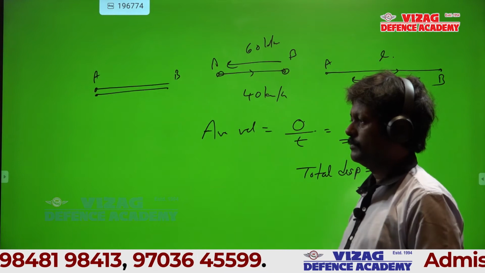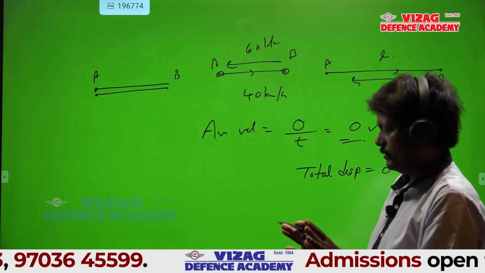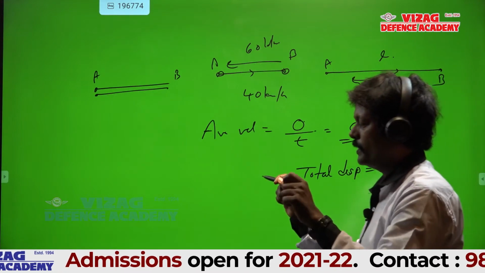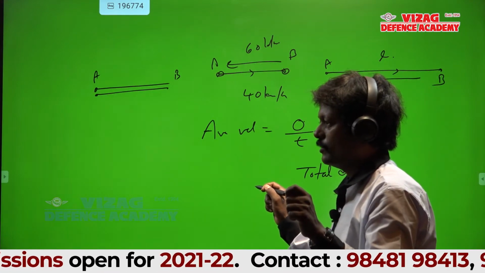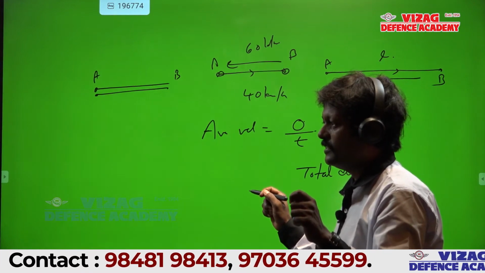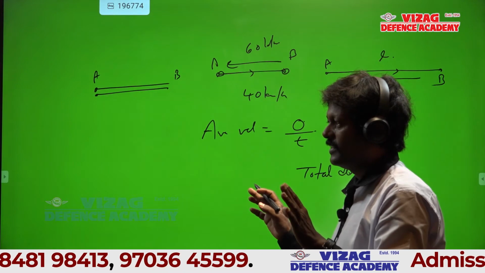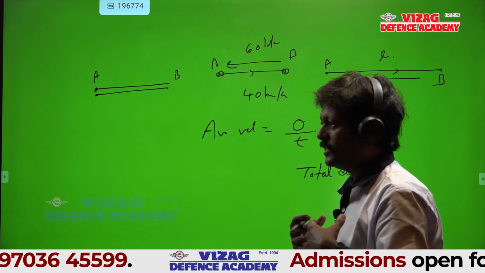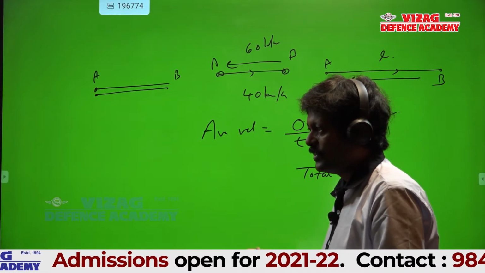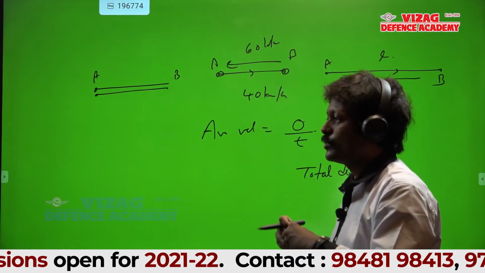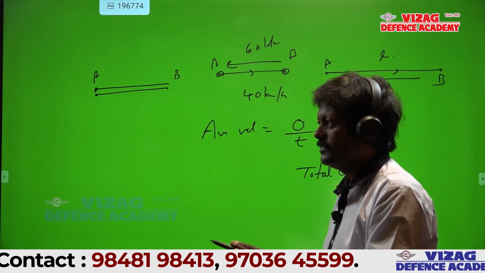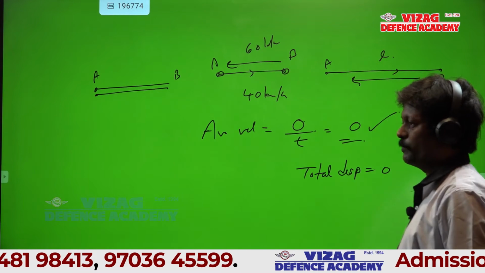You don't know that your car is taken. Again you open the door and see whether your car is there. Then what will you understand? You will think, my car has not gone anywhere because displacement is 0. So you will come to a conclusion that average velocity is 0. Now did all of you get that point?